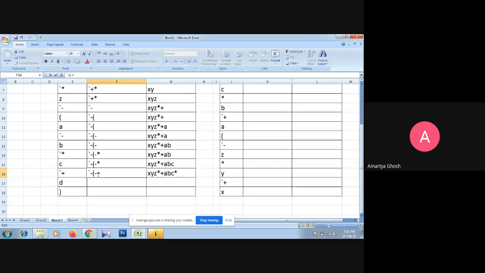So plus is the elder brother and minus is the younger brother, so there is no contradiction. The contradiction only occurs when the younger brother wants to sit over the elder brother. But it is natural that the elder brother will sit over the younger brother. Okay, so now finally D. The symbol is D.